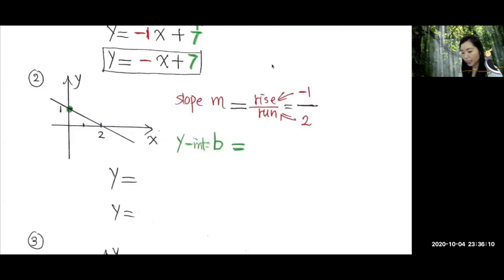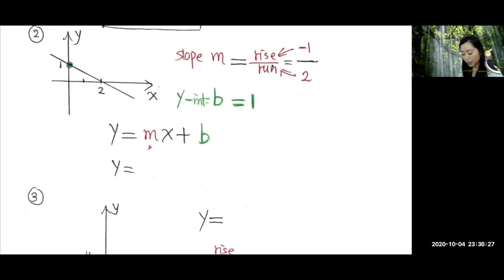What about the y-intercept? The y-intercept here is +1. So the equation for this line in slope-intercept form is y equal to mx plus b, where m is -1/2 and b is 1. You just substitute -1/2 for m and 1 for b. So this is the equation of this line.